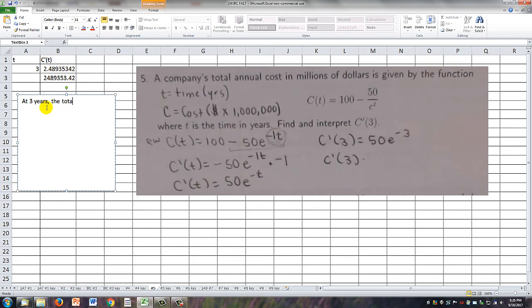The total annual cost is positive, increasing at a rate of, we could say this 2.49 million, or we could use this already multiplied out value. So I'm going to use the multiplied out value. So it's increasing at a rate of 2,489,353, and I'm going to put my commas in. So I can now see it's $2,489,353 per year.